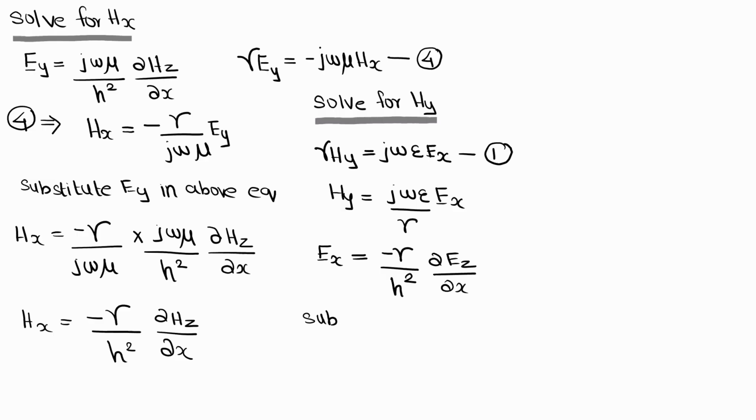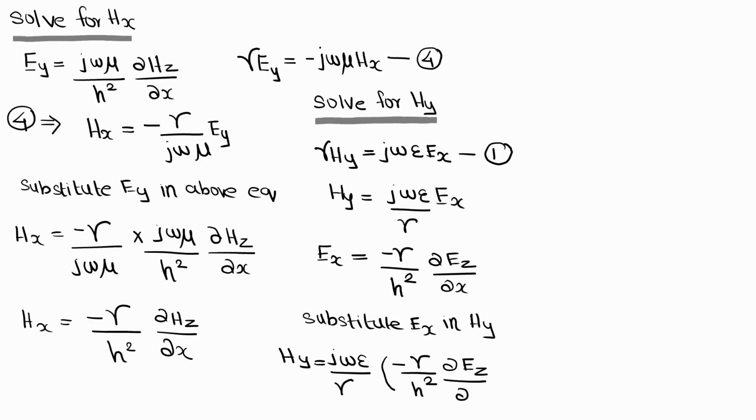So substituting Ex in Hy, we will get Hy equal to j omega epsilon upon gamma into minus gamma upon h square into dou Ez upon dou x. So Hy equal to minus j omega epsilon upon h square into dou Ez upon dou x. So we have got the 4 field components and we have derived these components from the 6 equations.